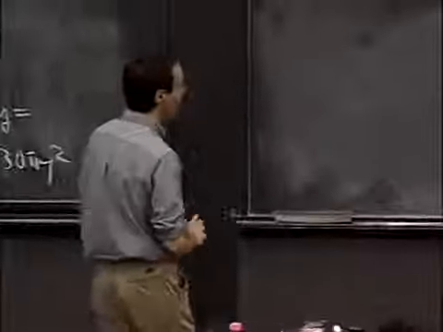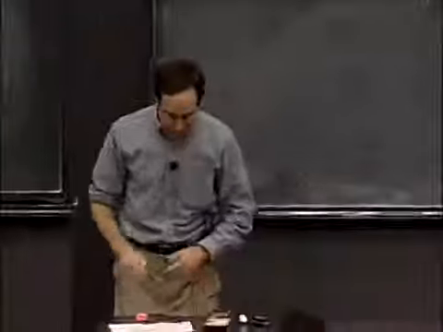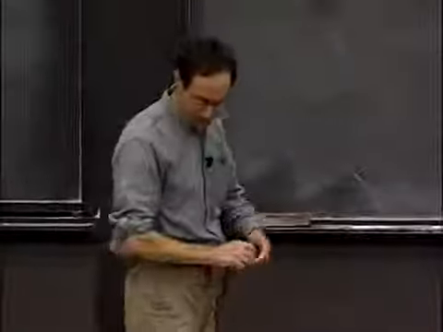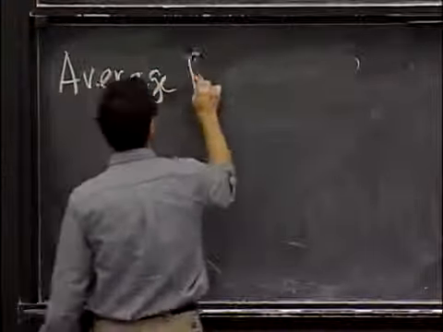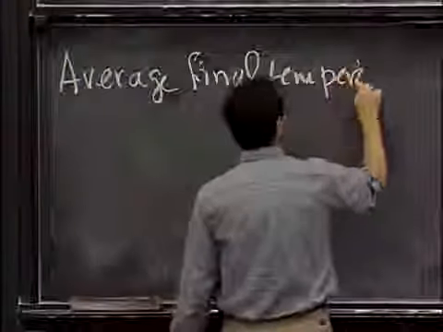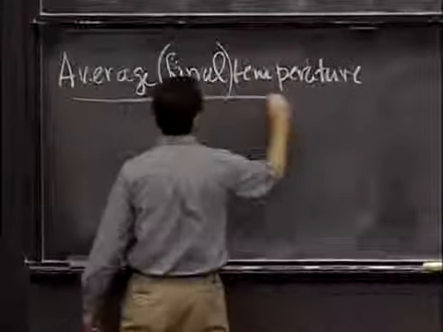All right, now I want to connect this with weighted averages before we go on, because that was the reason why I did weighted averages first. I'm going to compute also the average final temperature. So final, because this is the interesting one.